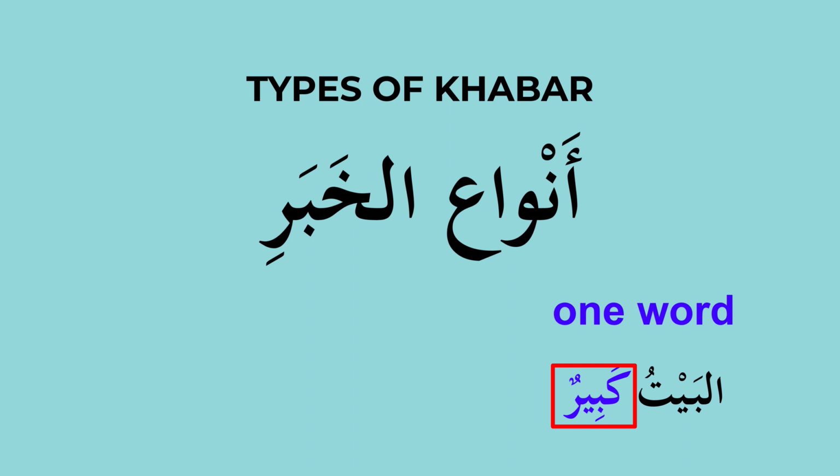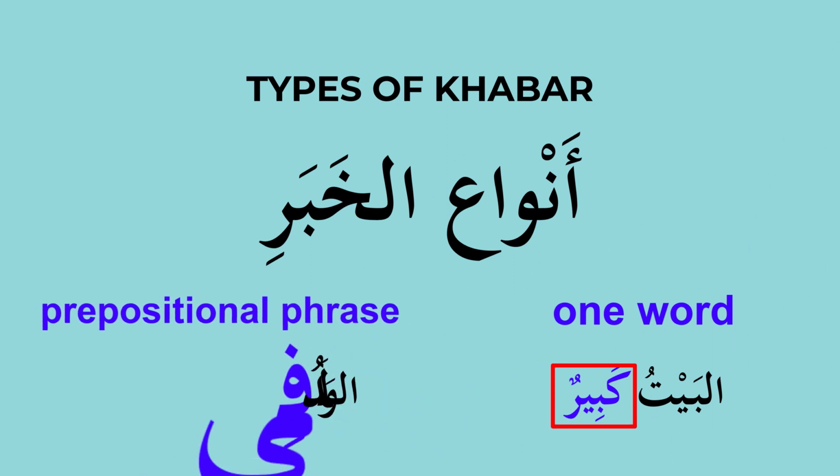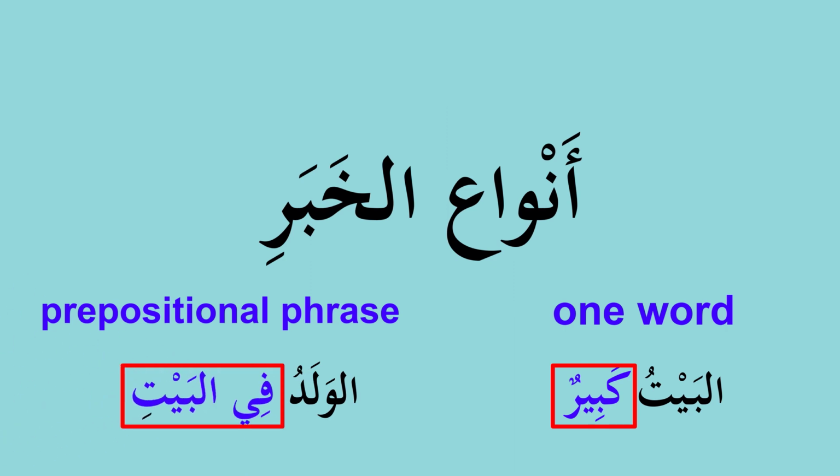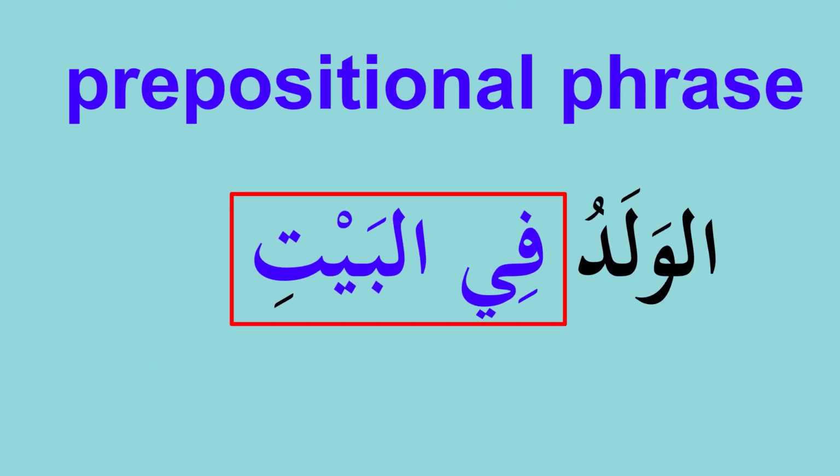What is the second form of khabar? The second form of khabar is that instead of one word, it has a preposition followed by ism majroor. Okay, brothers and sisters? If you see fil bayti, what is fi? Preposition.